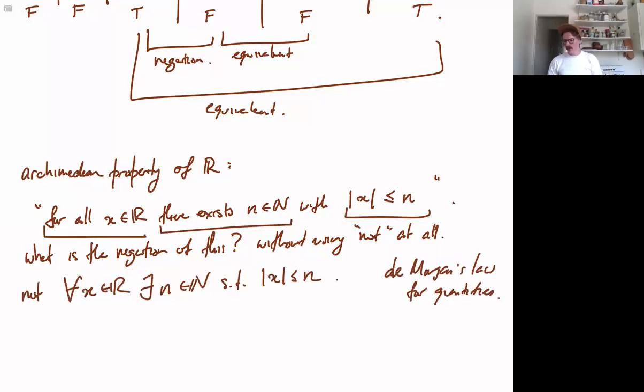Yeah, in fact, if I'm trying to think of any tips and tricks about doing negations, it's really all about De Morgan's law for quantifiers, De Morgan's law for and or, and then how to deal with inequalities. I feel like if you know those three things, then you can pretty much nail any negation.